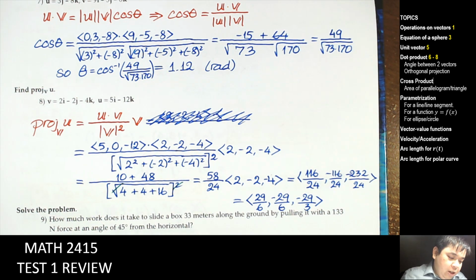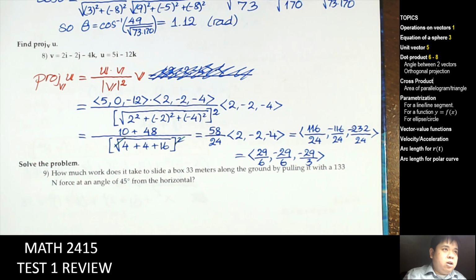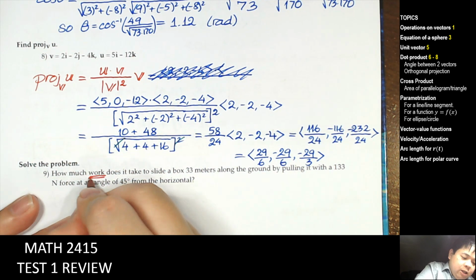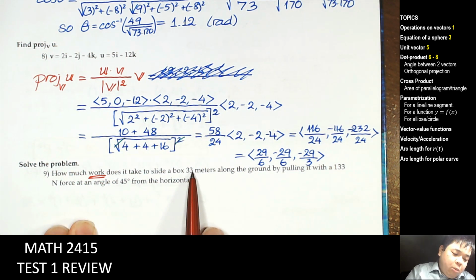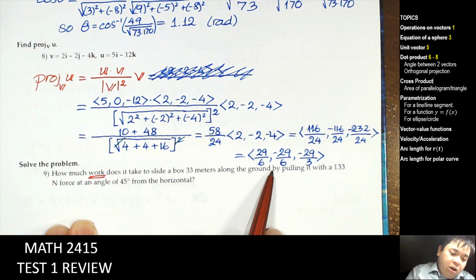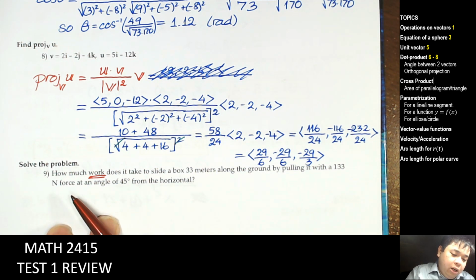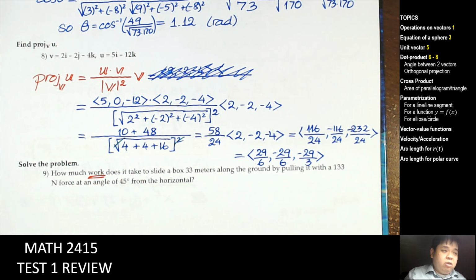Then we have a problem application. This is the dot product because this is identify the work done to slide a box 33 meters long by pulling it with 133 pounds of force, 133 Newton force at an angle of 45 degrees. So this is pretty straightforward.